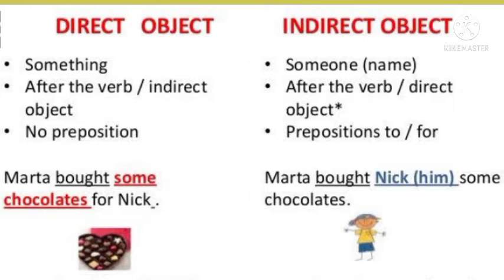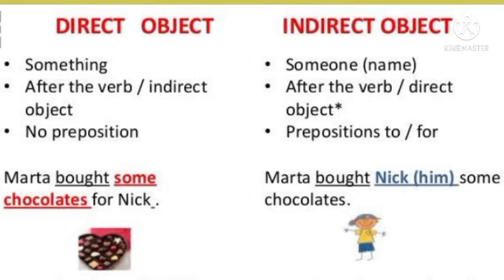Also, with a direct object there is no preposition, but an indirect object takes the preposition to or for. So these are the differences between direct object and indirect object. The main feature: a direct object tells us about something, but an indirect object tells us about someone.